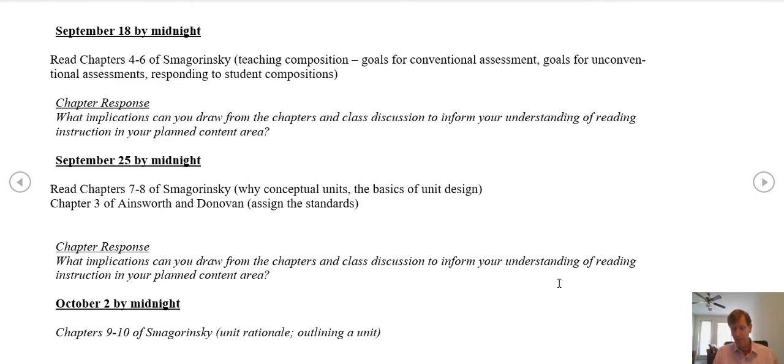I'm a strong believer that when you do something, including a lesson plan or a unit of instruction, I want to know why. I don't just want to know what. And the rationale gets into the why. You need to have a purpose behind your lesson planning, and you need to have a purpose behind your curriculum design.